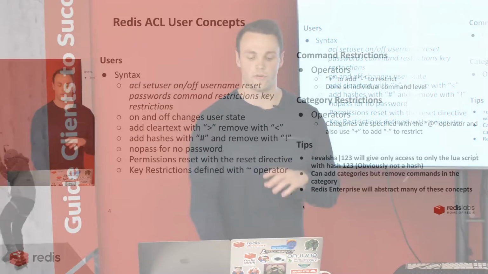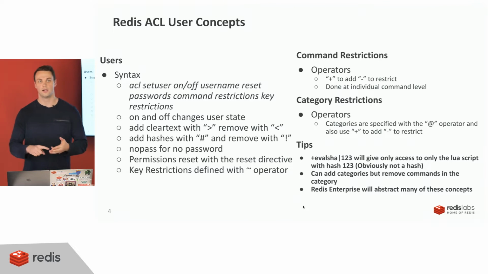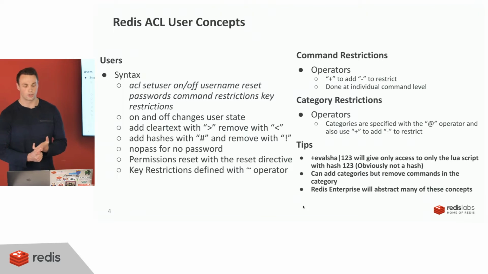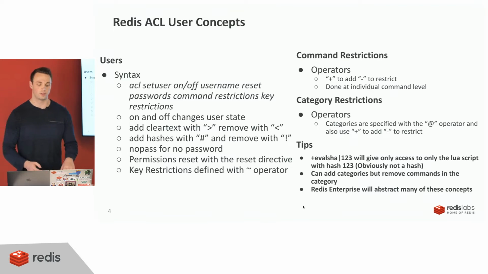This is powerful for various use cases, which we'll go into next. Some helpful tips: you can add categories with the @ symbol. We've got categories such as read, write, and dangerous commands, which we'll go into in a bit. Also, Redis Enterprise will abstract many of these features.